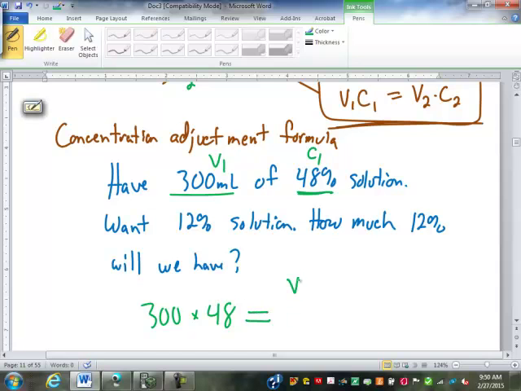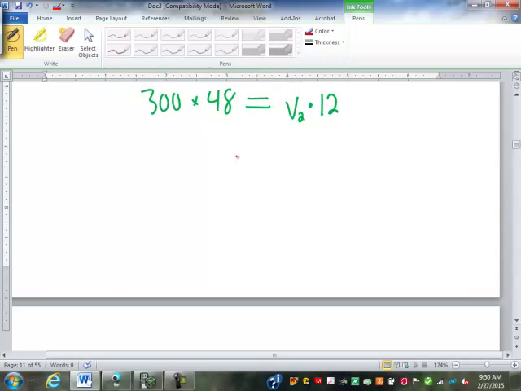Now, on the other side, I'm going to have volume 2 times concentration 2. Do I know either one of those numbers? We know the concentration is going to be 12%. The volume we don't know, that's what we're looking for: how much of that solution are we going to have? So we have this formula right here that we need to solve for V2.